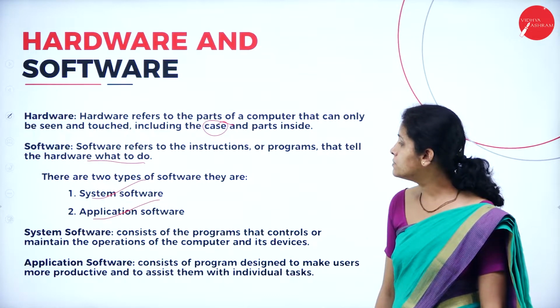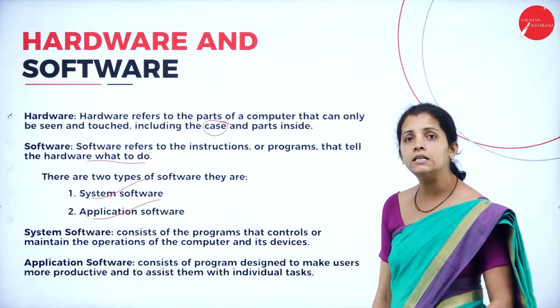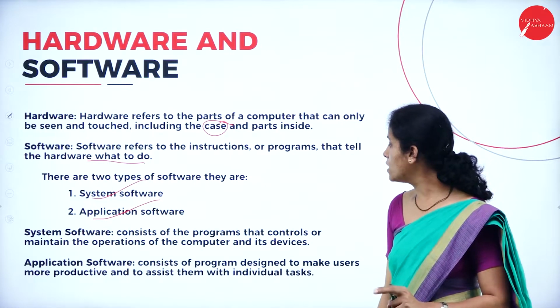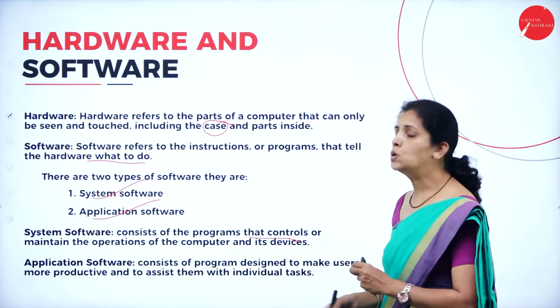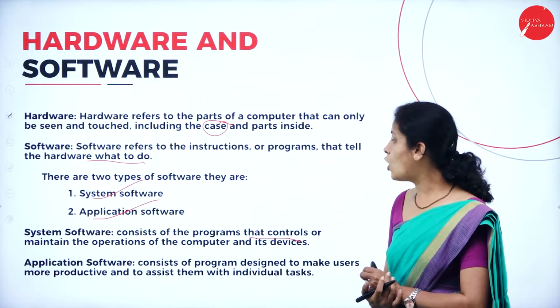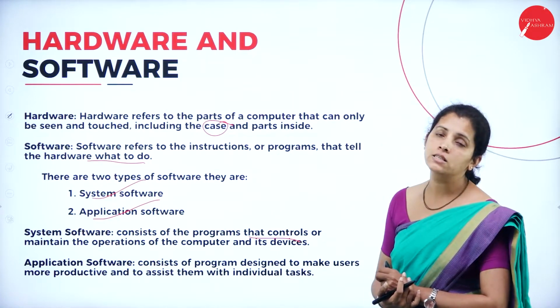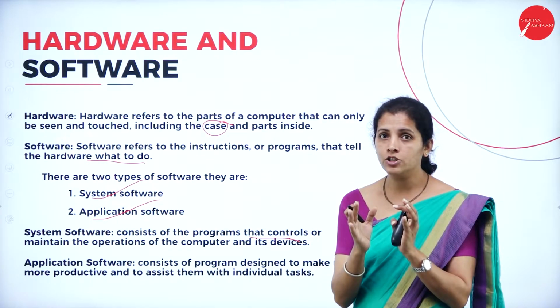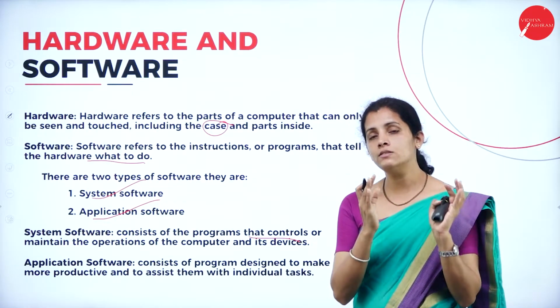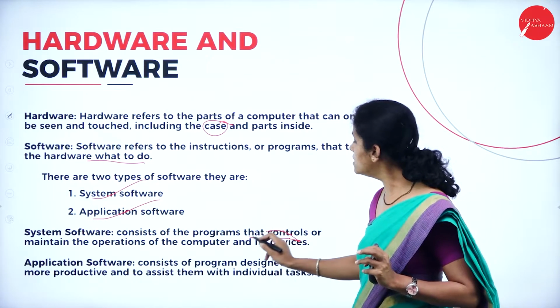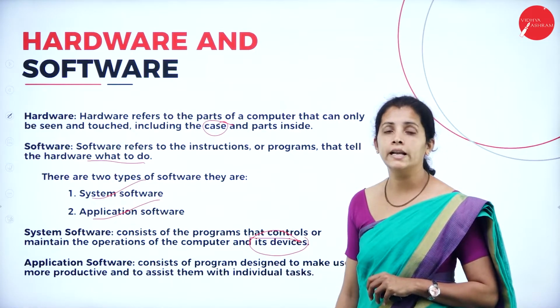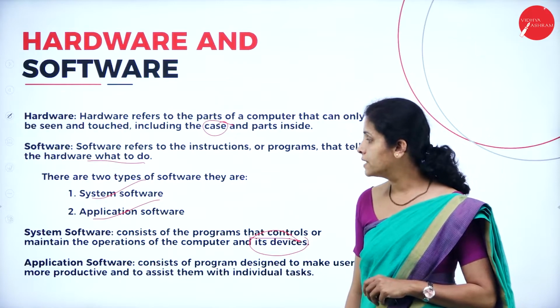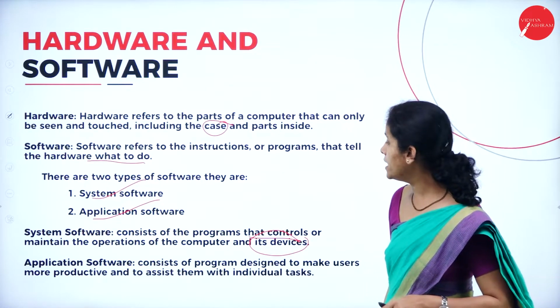So what is system software? Once again, it is nothing but the computer program that controls or maintains the operation of computers and devices. So it is a set of instructions that controls the computer system and all the devices which are connected to the computer system. And what is application software?